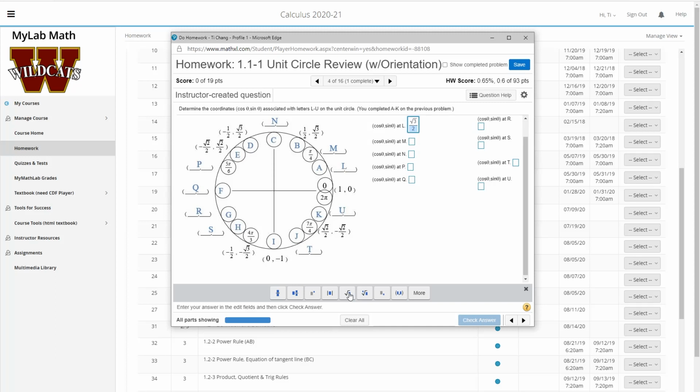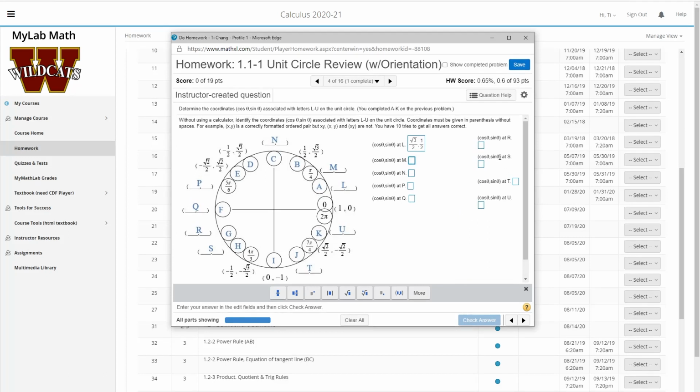Then I need to move out of the 2, so I'll hit my right arrow, and I'll hit comma, and then this needs to be 1/2, so I can go down here, hit the fraction and hit 1/2. And you would do that for all of these problems here.